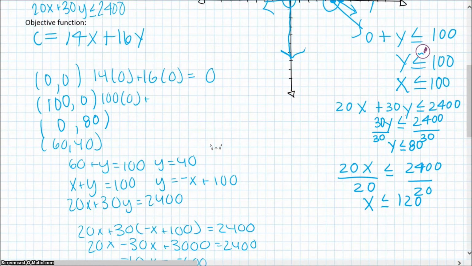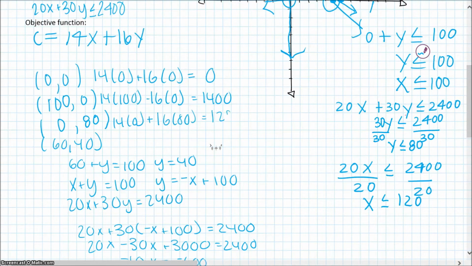Then 14 times 100 plus 16 times 0 equals 1,400. 14 times 0 plus 16 times 80 equals 1,280. And then 60 times 14 plus 16 times 40 equals 1,480.